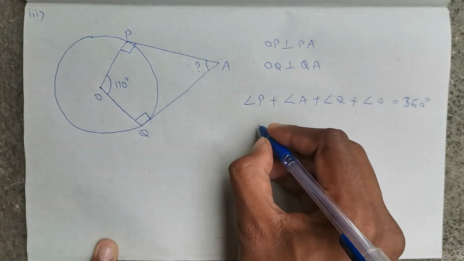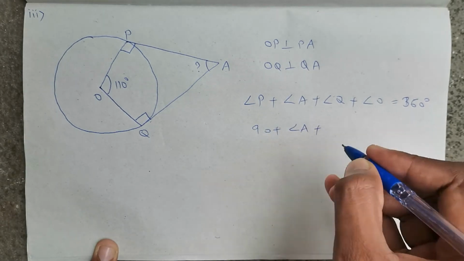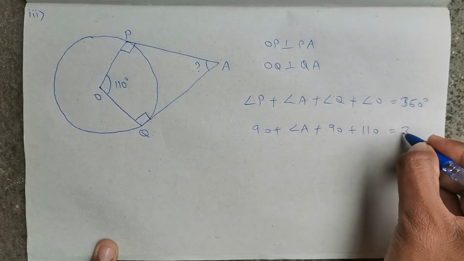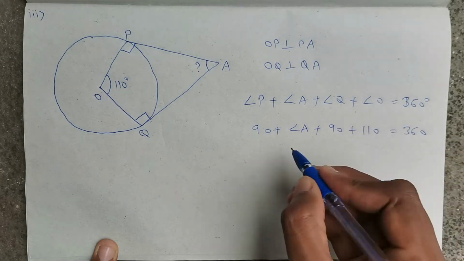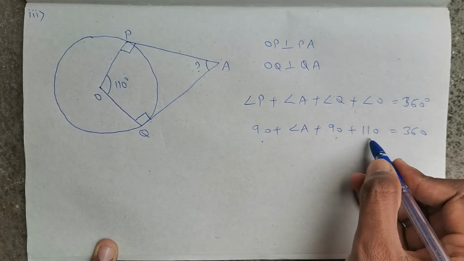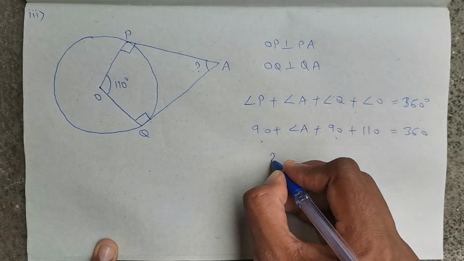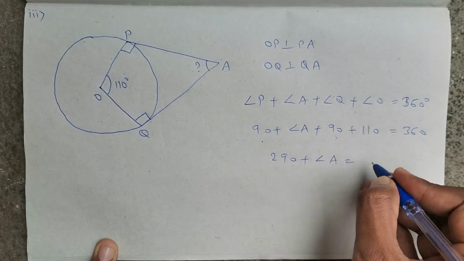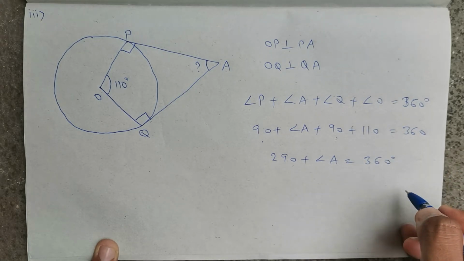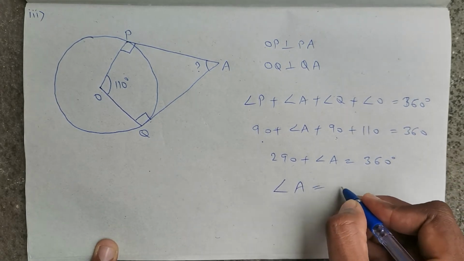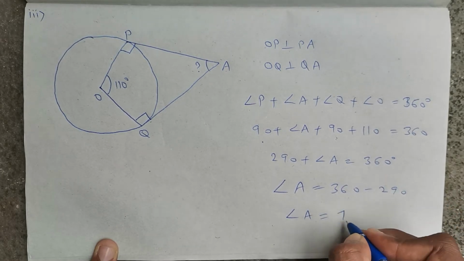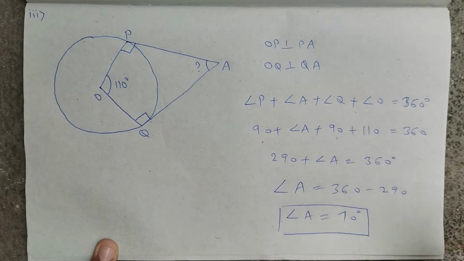Angle P is 90 degrees, plus angle A we need to find, plus angle Q is 90 degrees, plus angle O is given as 110 degrees, equal to 360 degrees. 90 plus 90 is 180, 180 plus 110 is 290, so 290 plus angle A is equal to 360 degrees. Now we want angle A, so I will take this 290 to the right side. So angle A is equal to 360 minus 290, so angle A is equal to 70 degrees.